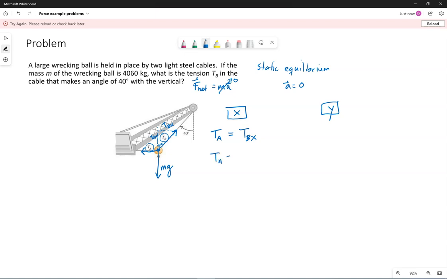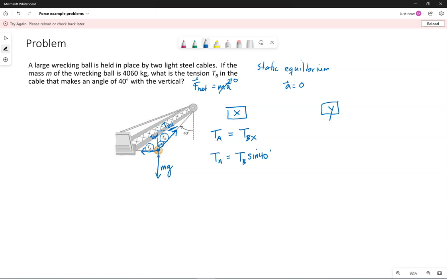We could write the x component of tension B, this x side is opposite the angle. So tension A needs to equal tension B times the sine of 40. We don't know either tension A or tension B. That's okay. Let's go ahead and look in the y direction.